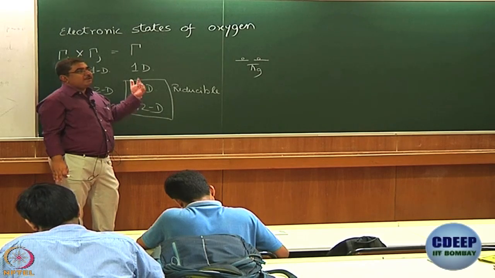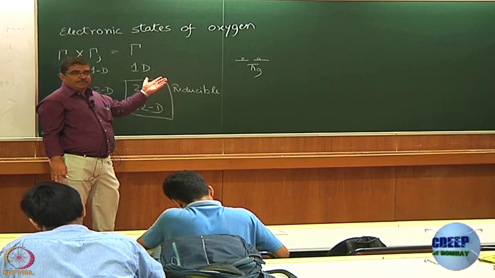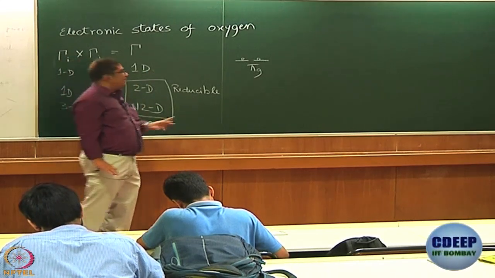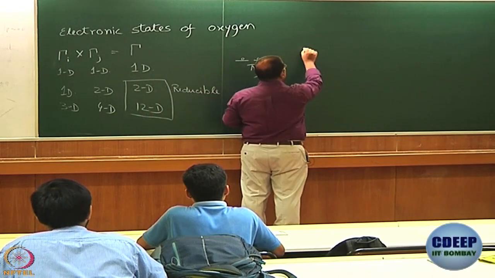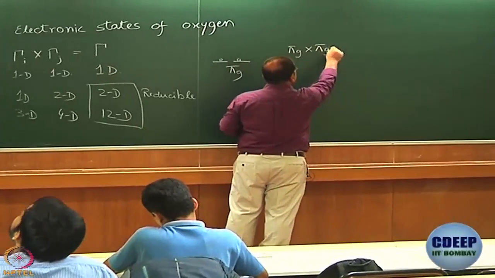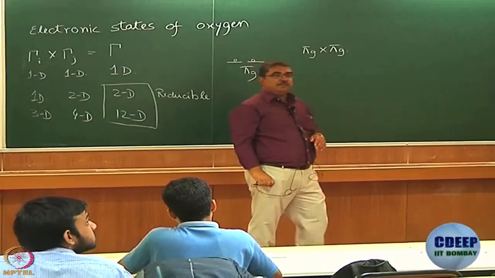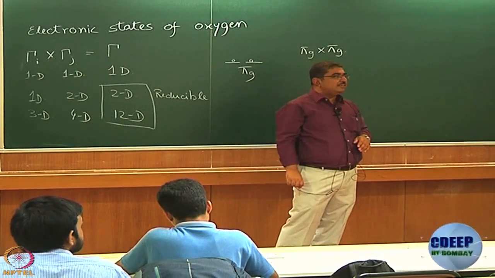You still take a product of the two, alright. So, first let us take the product and see what happens. This is pi g, this is also pi g. So, what we need to do is take the direct product pi g cross pi g. What is the symmetry point group of dioxygen?